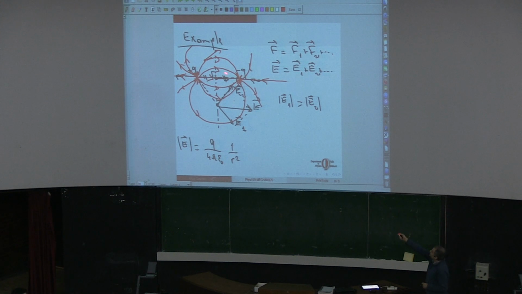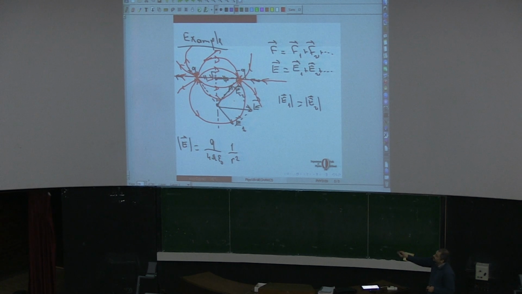As you go away along this line, the electric field gets weaker and weaker. Also, as you go along this line, the electric field first gets weaker until you reach this point. After this point, the electric field magnitude gets larger, so the electric field gets stronger.